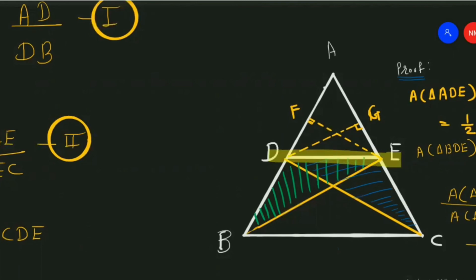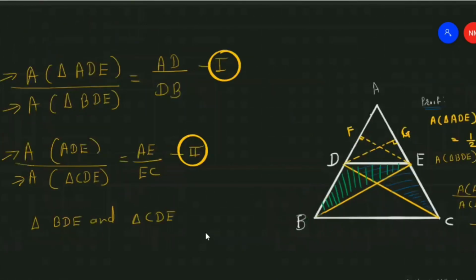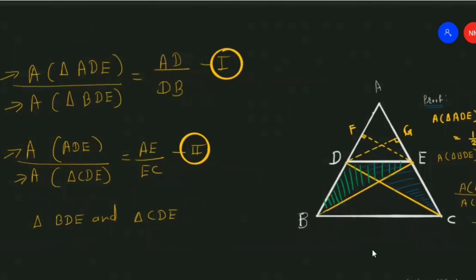DE is the common base of these two triangles, and also these two triangles are lying between the same parallels. We know the property that triangles lying between the same parallels and on the same base have equal areas, and therefore these two triangles will also have equal areas.